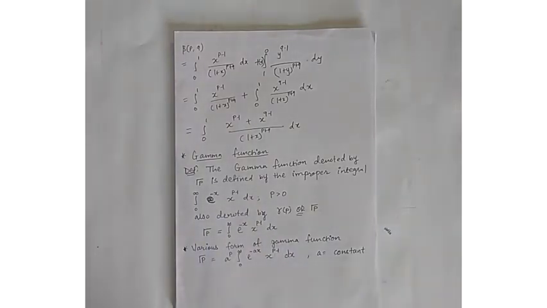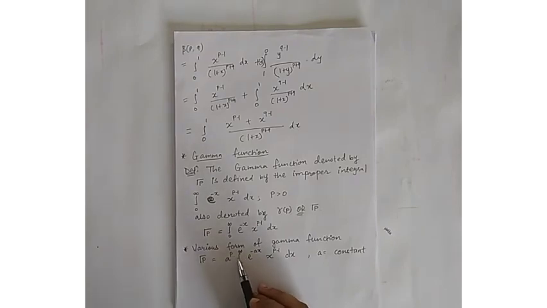The first form of the gamma function which we have to prove is gamma p is equal to a raised to p into integration with limit 0 to infinity e raised to minus ax into x raised to p minus 1 into dx, where a is a constant.